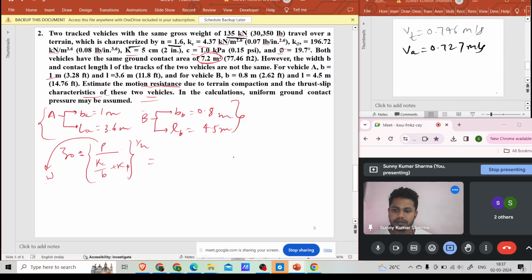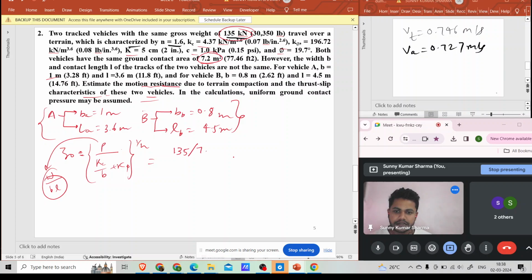Pressure is W by A. Weight coming, it is 135 kN.